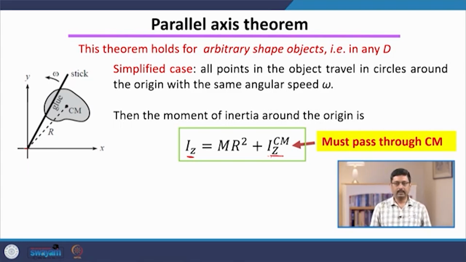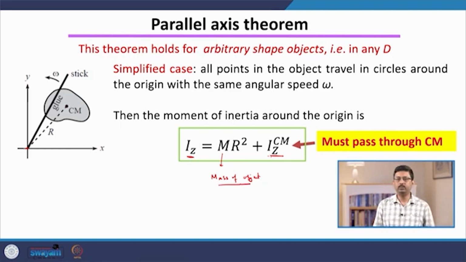Then the parallel axis theorem says that the relation between Iz and the moment of inertia about the center of mass is given by this equation, where r represents the distance between the pivot point and the center of mass, and m is the mass of the object.